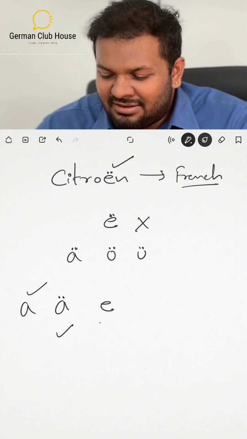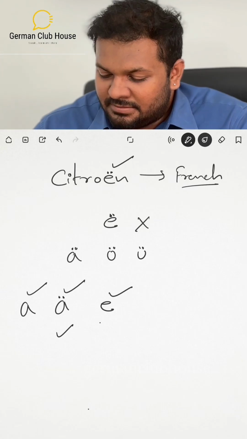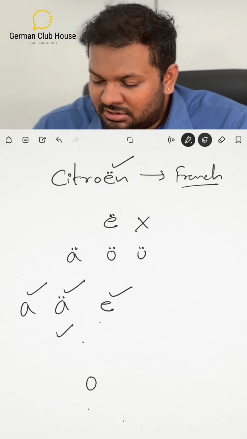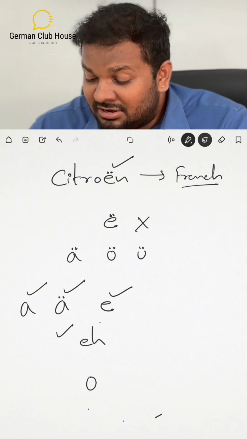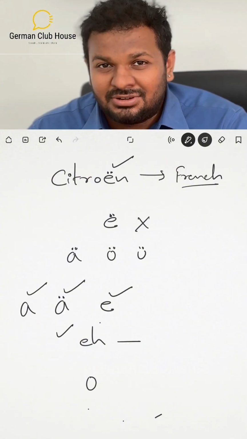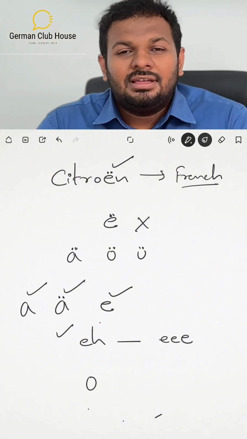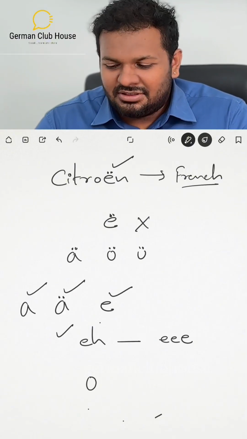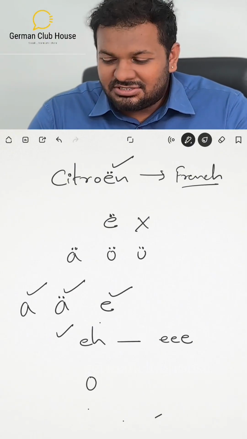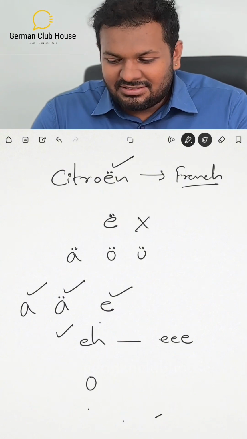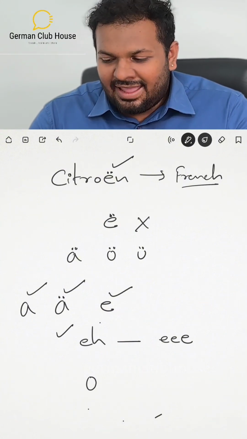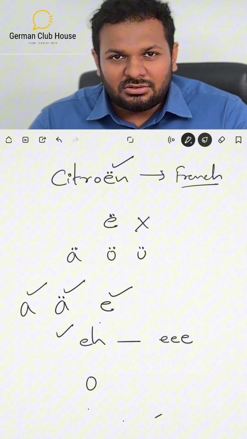So I'll write A umlaut, "eh". Then, to learn O umlaut, you need to learn the difference between the sounds A and E. So far we have learned how to say A umlaut, which is "eh". Alright, moving on to the other two umlauts.